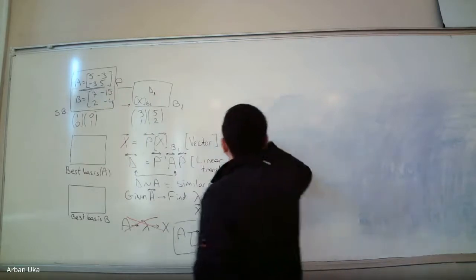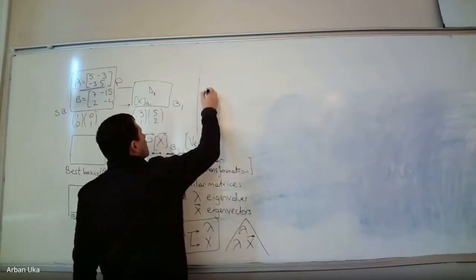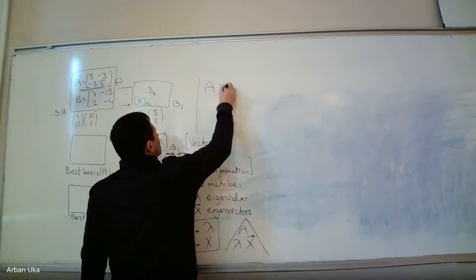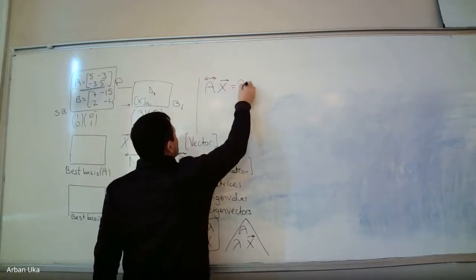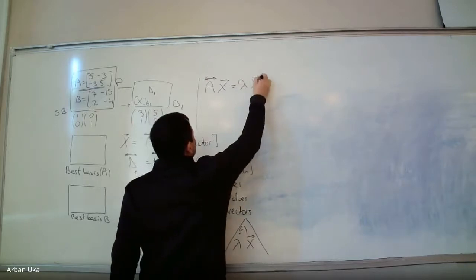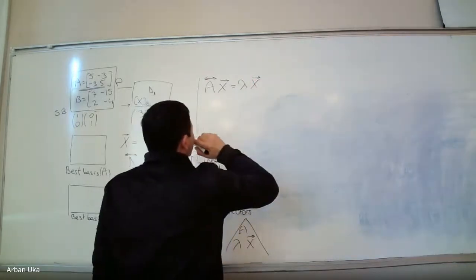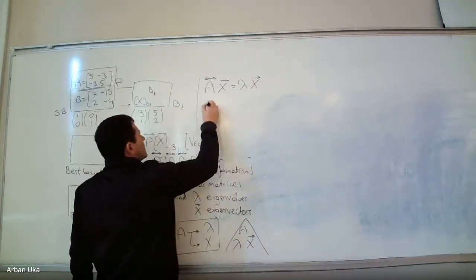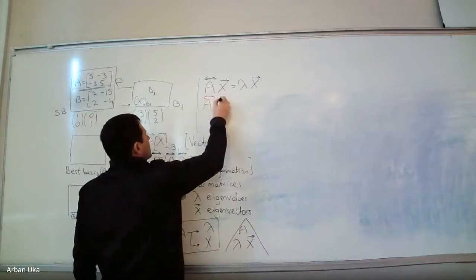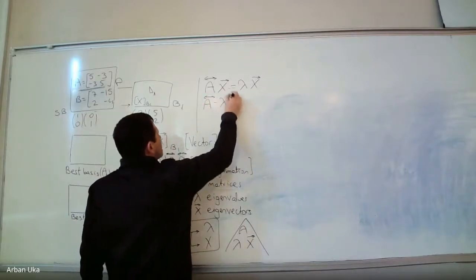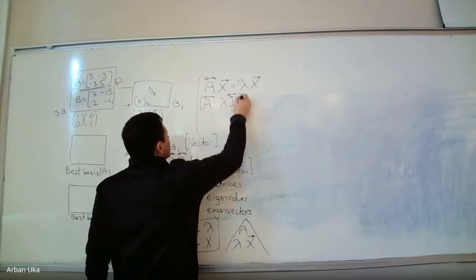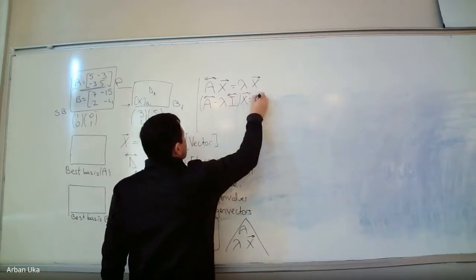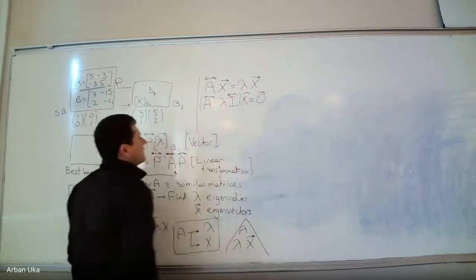So always the path that we need to work with is that we have to use the eigenvalue equation. So here we have lambda x, okay? And as we said last time, this equation can be written as A minus lambda I times x. This is a vector, this is 0, another vector.